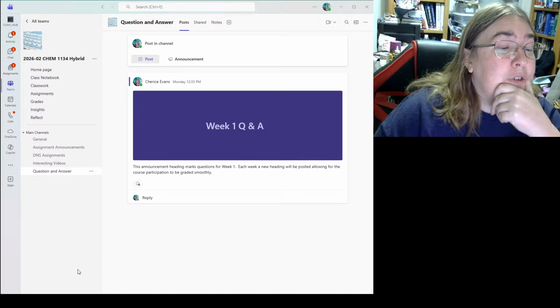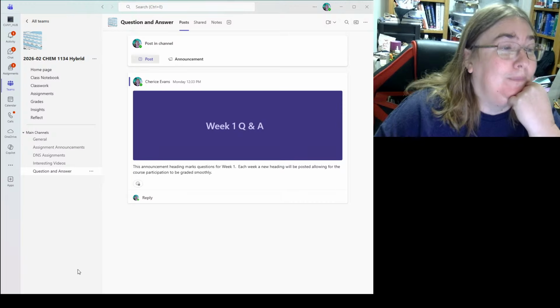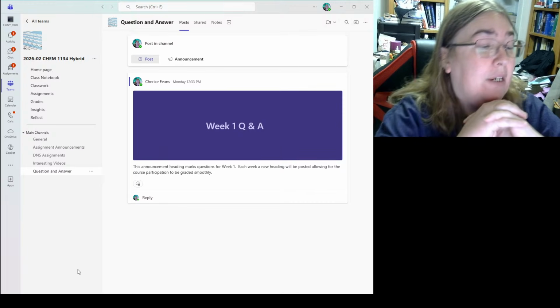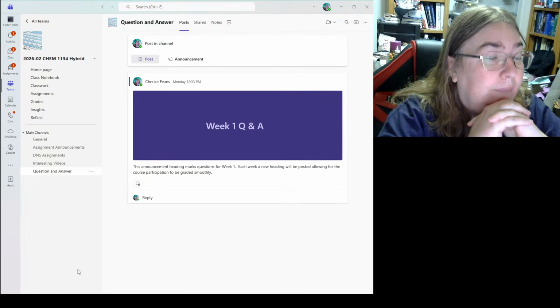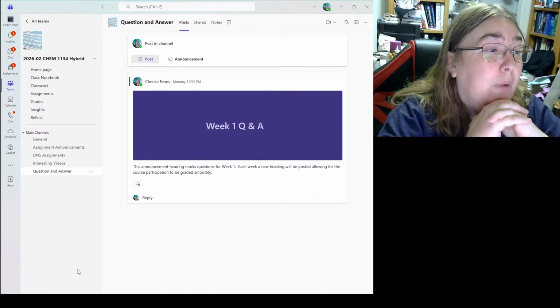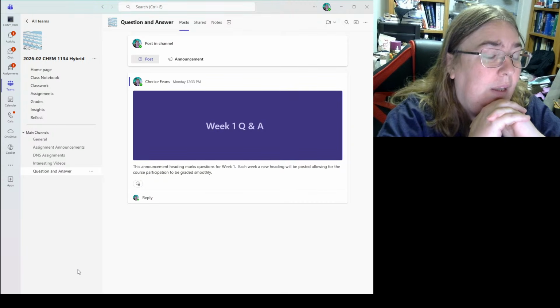This material goes through 11 chapters in a standard freshman chemistry book, so about 500 pages. We will cover about a chapter a week. So it's a lot. And if you're curious, it never slows down.